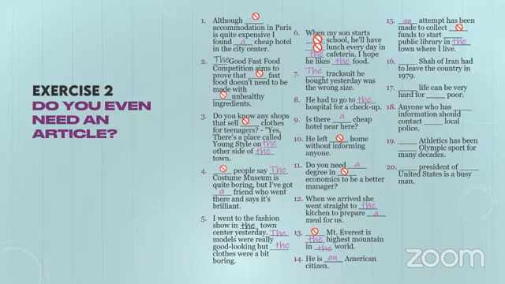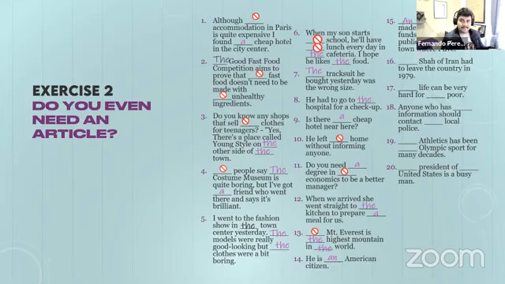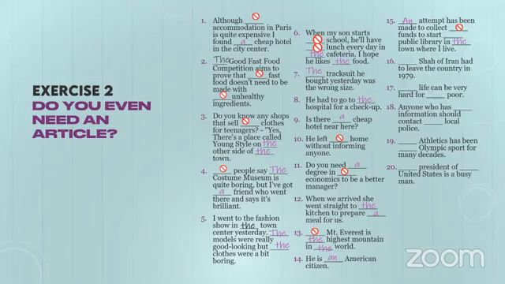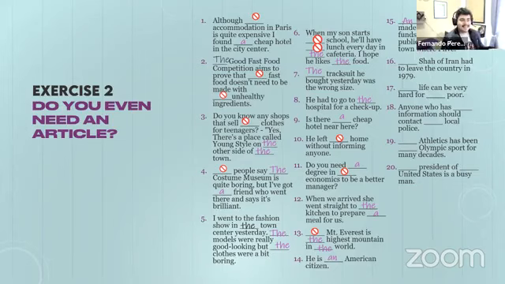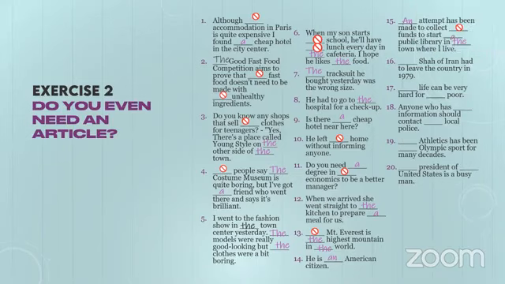An attempt has been made to collect funds to start a public library or the public library? You tell me. You are correct. A public library, because it's an attempt for a public library. We are not speaking about the specific things. Right, very good.